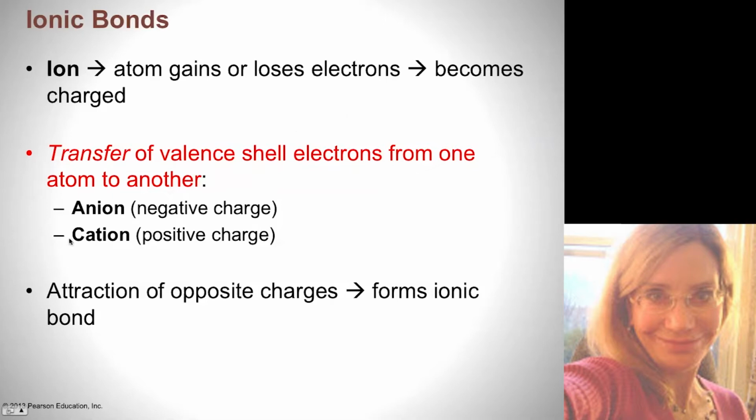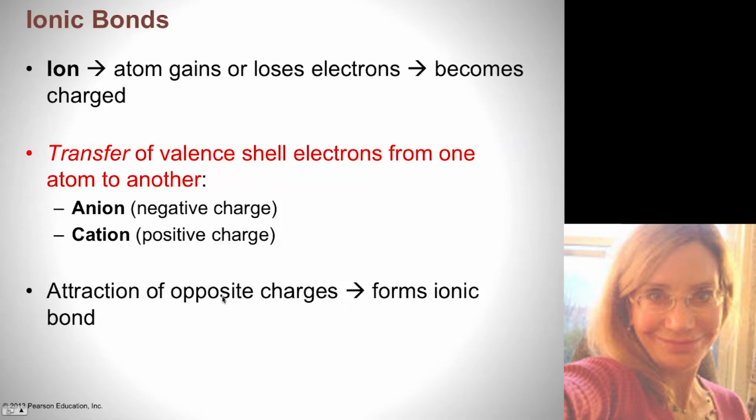So the transfer of a valence shell electron from one atom to another will result in an anion, and that would be the atom that gains the electron. It's going to end up with a negative charge, and then a cation. A cation would be the atom that has lost an electron, and it will end up having a positive charge.